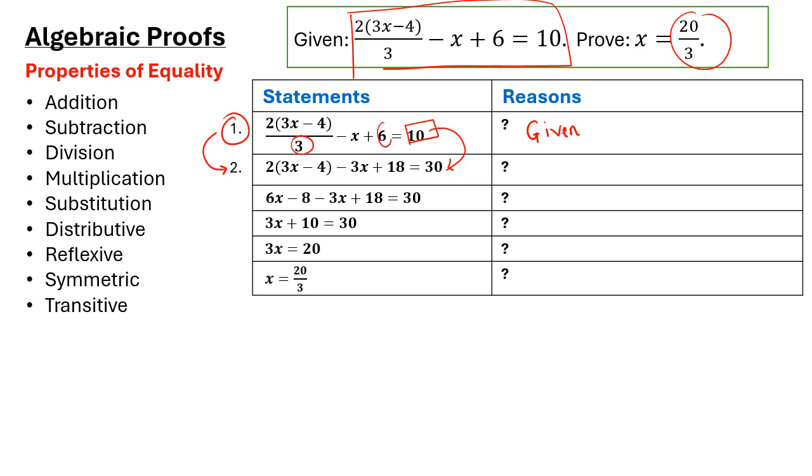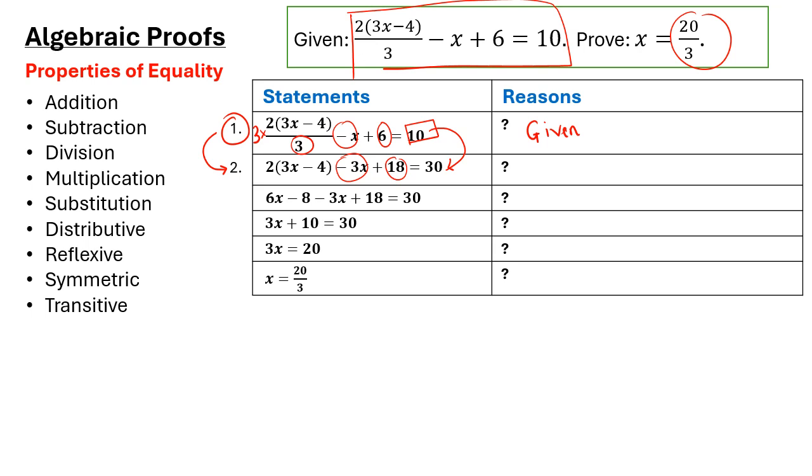Again, we had 6 here, and 6 becomes 18, and negative x becomes negative 3x. What I see that they have done here, I think they have used the multiplication property of equality. They multiplied step number 1 by 3, meaning that they multiply each term by 3, and cross the 3 out.